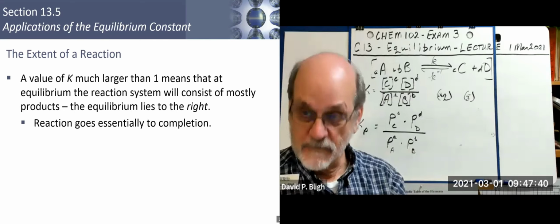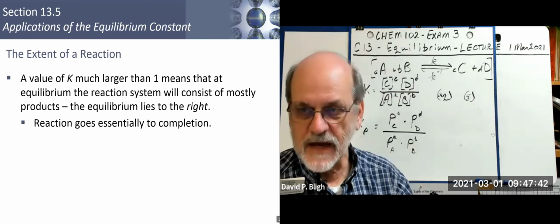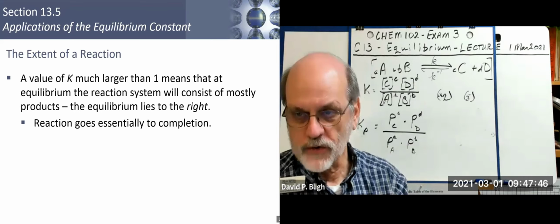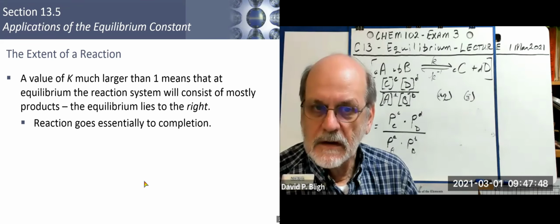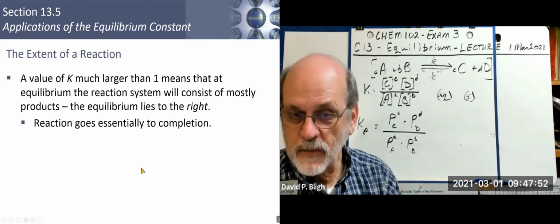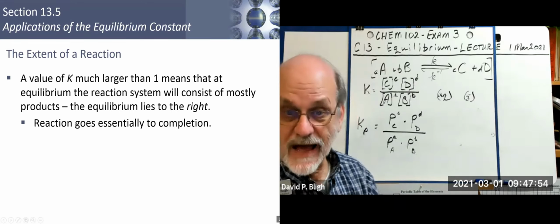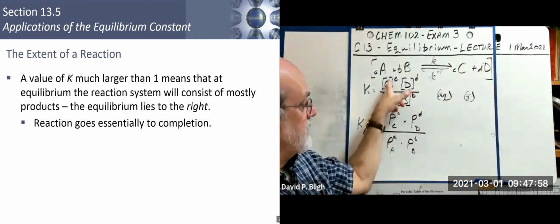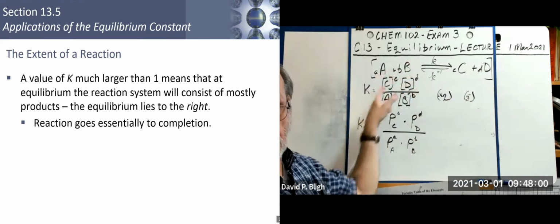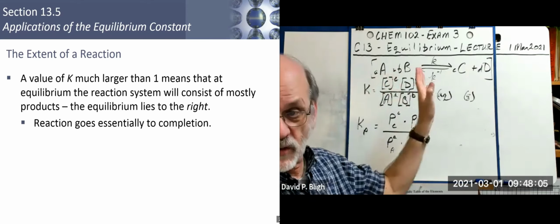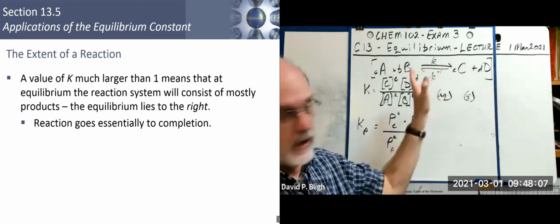But if the K is very large, like 2nd, 3rd, 4th power of 10, which we call orders of magnitude, then we know that the equilibrium position lies far to the right, right? Because that means the numerator is large, the denominator is small, so the K would be much greater than 1.